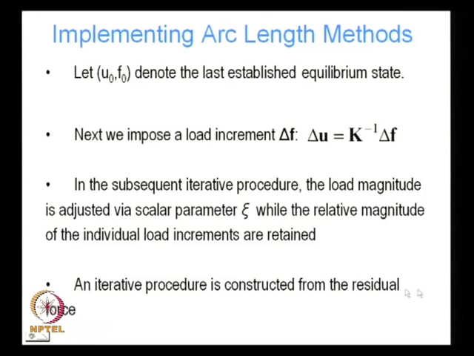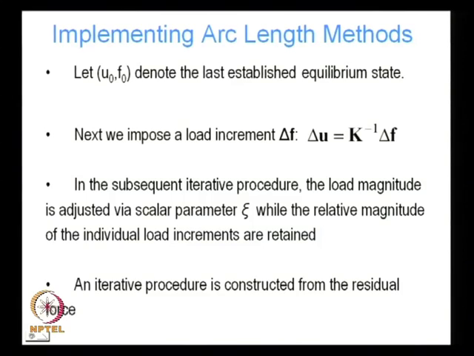So, this parameter xi scales the magnitude of the load vector but leaves its direction unchanged. The ratio between the load components remains the same; only the magnitude is changed.